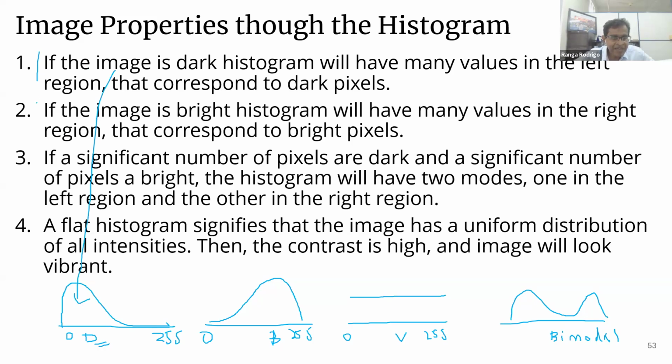If the image is bright, the histogram will have many pixels in the right region. If a significant number of pixels is in both, we'll have two modes, one in the left region and one in the right region. So this is a bimodal histogram. A flat histogram signifies that the image has a uniform distribution of all intensities. Then the contrast is high, and the image will look vibrant.